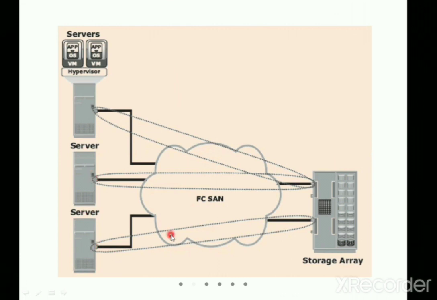They are connected using the Fibre Channel SAN we are discussing to this storage array, which has two ports. Suppose I label this particular port as 1 and this as 2.